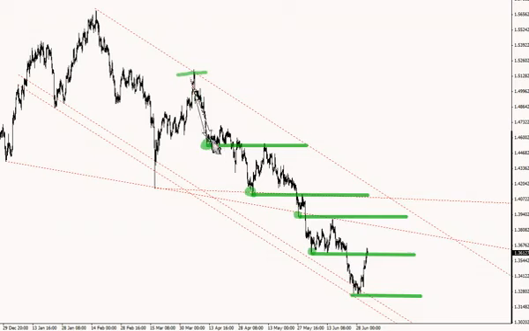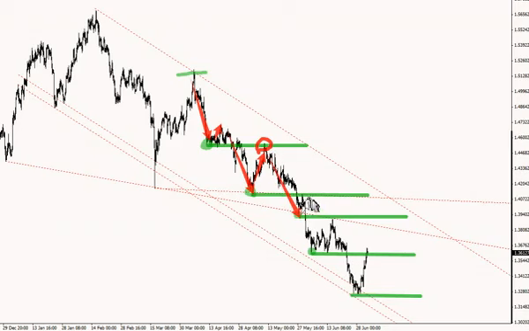So the price fell, bounced, and resumed the downtrend. Again we had a bounce back up to the support level, and now what's happened is that this support level held, it turned into resistance, and so we have the resumption of the downtrend.